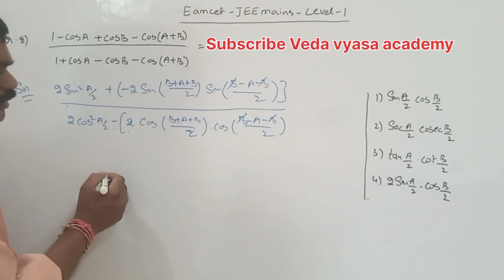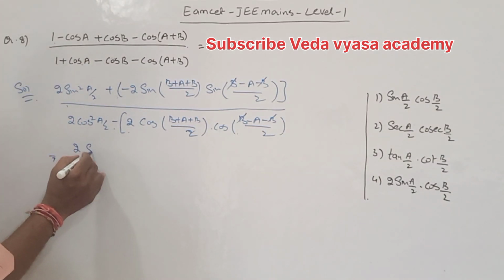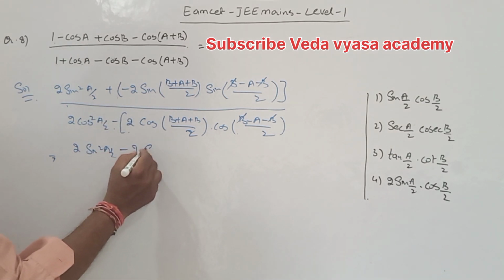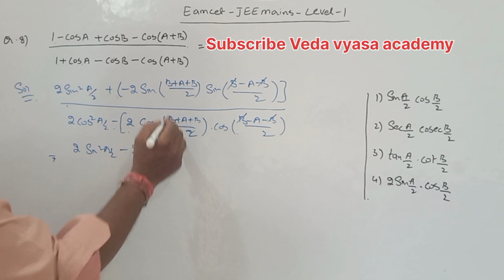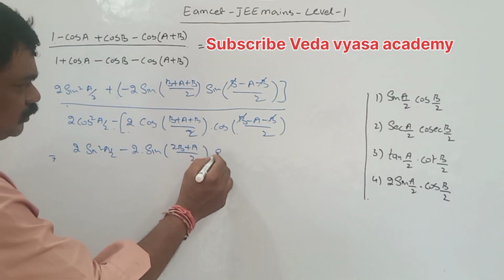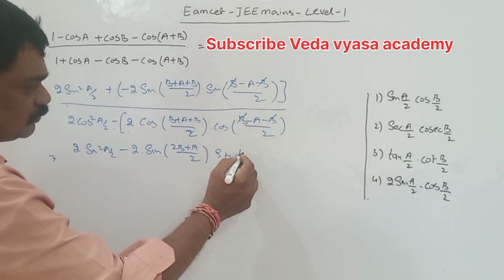Minus b plus b cancel. So we have 2 sin square a by 2 minus 2 sin of (2b plus a)/2 into minus sin of minus a by 2.